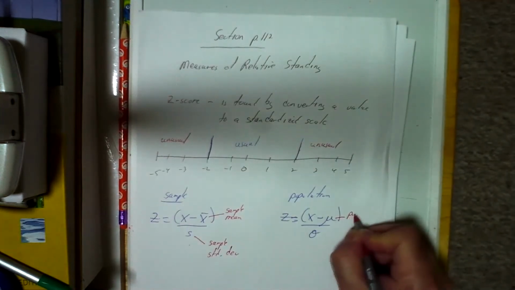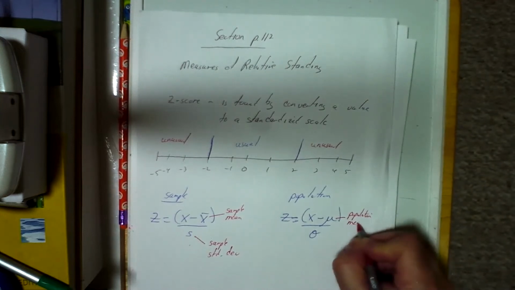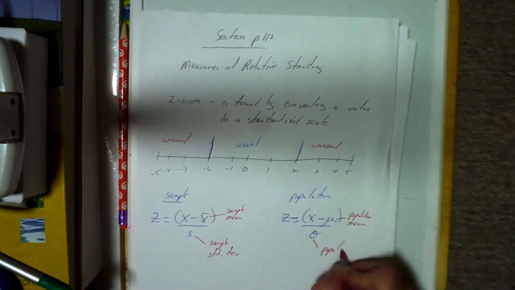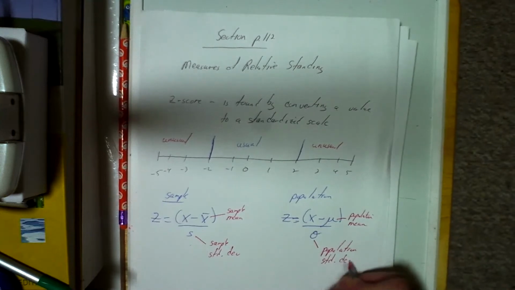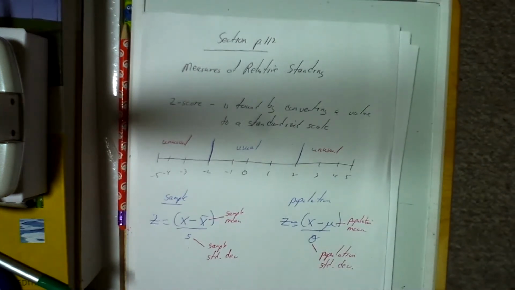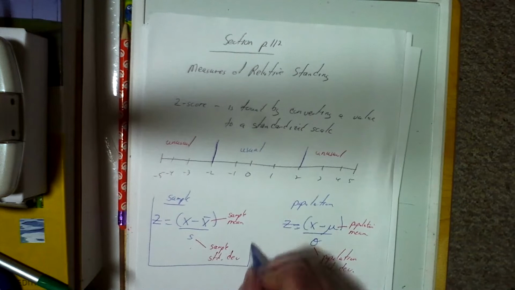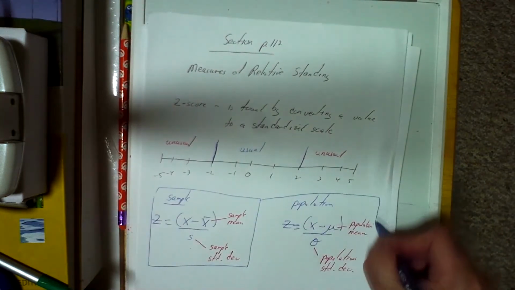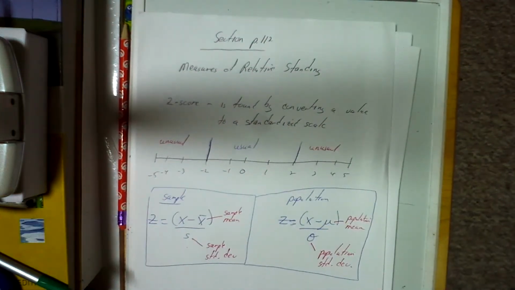Mu is the population mean, and sigma is the population standard deviation. You can either use this formula or that one. It doesn't matter. You should get the same result.